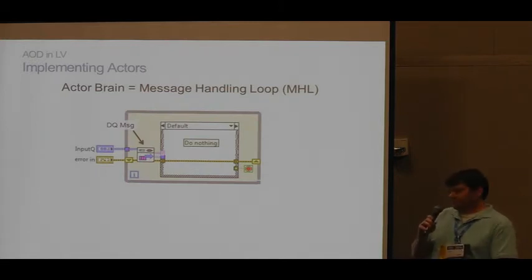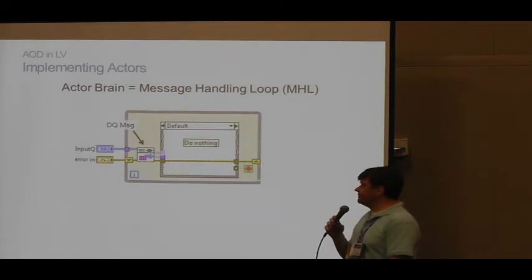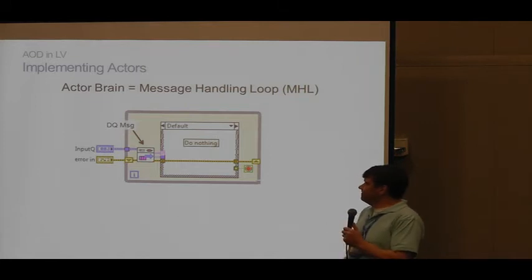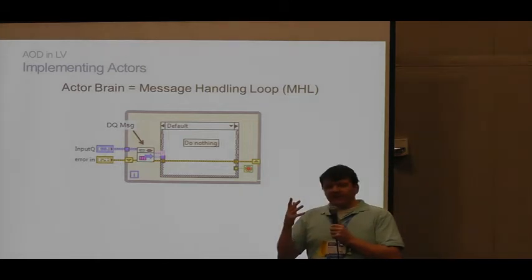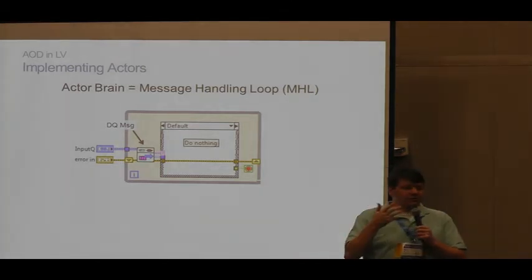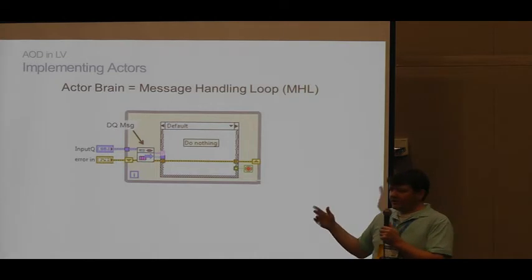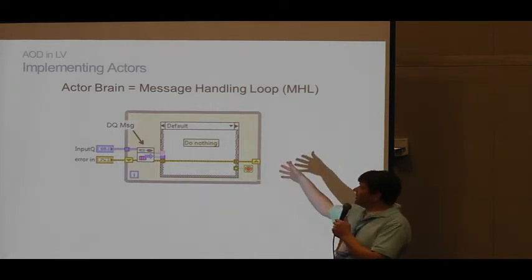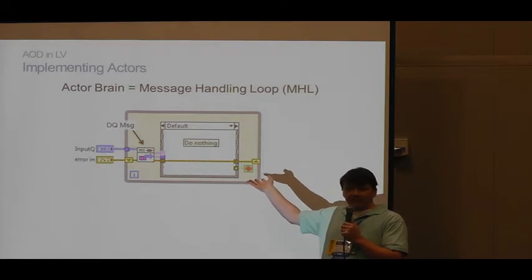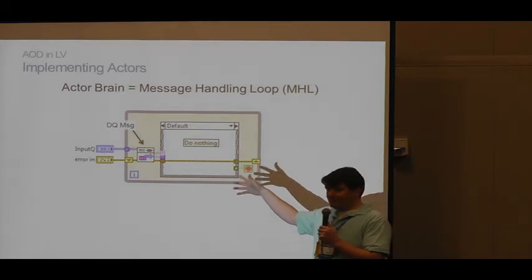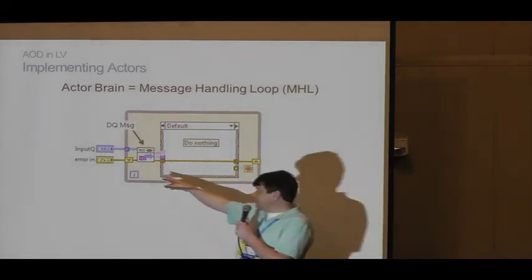Okay, now we get into some interesting stuff. Implementing actors. Every actor has a brain. This is the part that controls everything else that goes on in the actor. That brain is the message handling loop. I trust you've seen this type of structure before. Don't worry about this. This is just a DQ message.